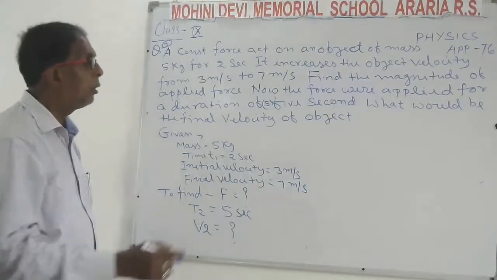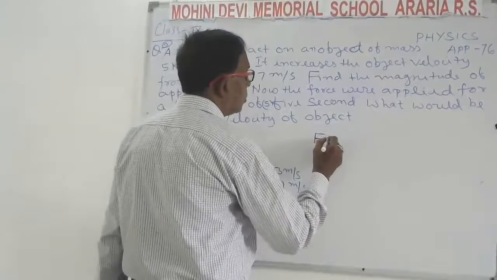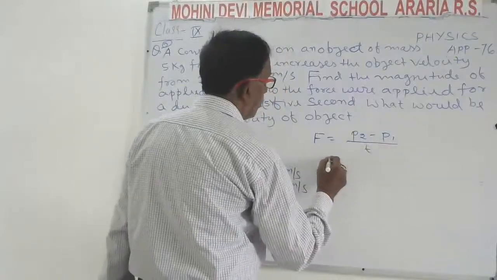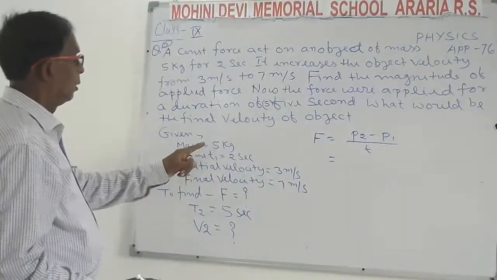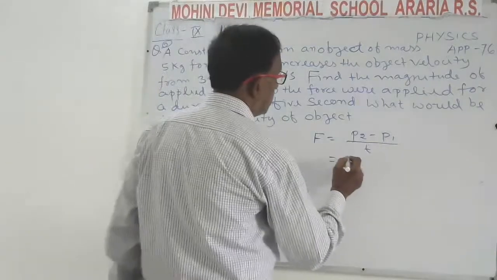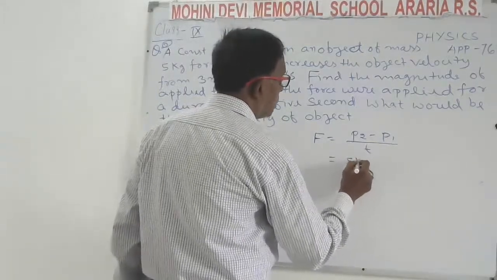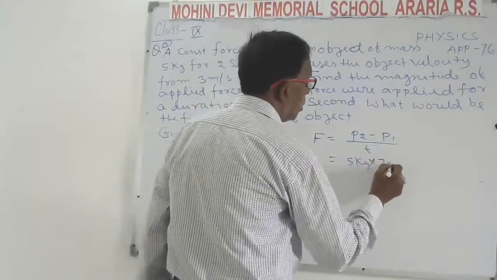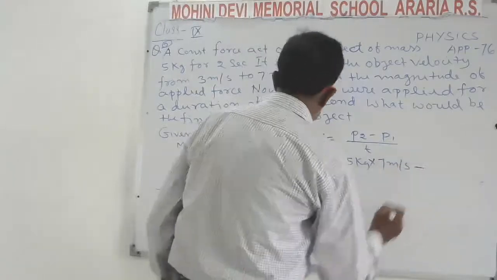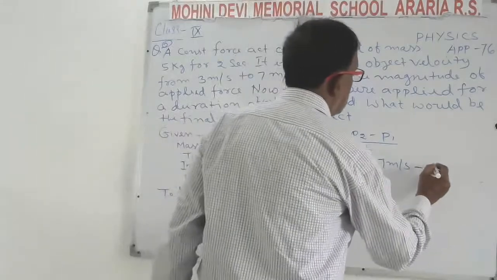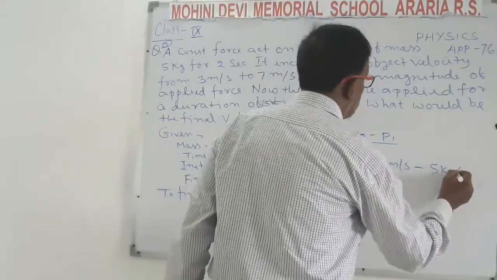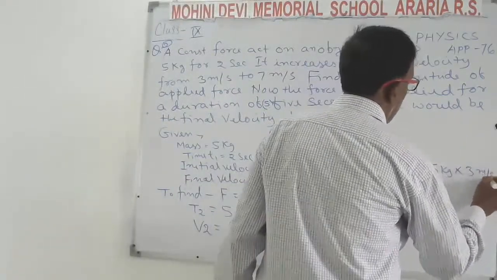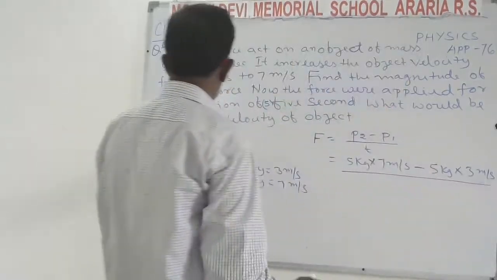F is equal to P2 minus P1 by T. Final momentum: mass is 5 kg and final velocity is 7 meters per second, minus P1: mass is 5 kg and velocity is 3 meters per second, and the time is 2 seconds.